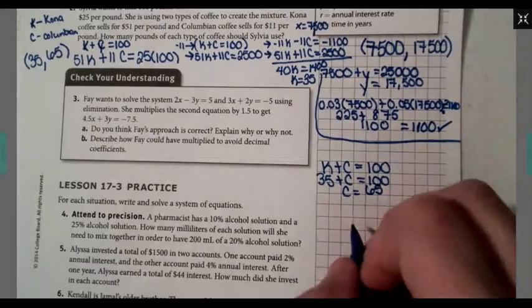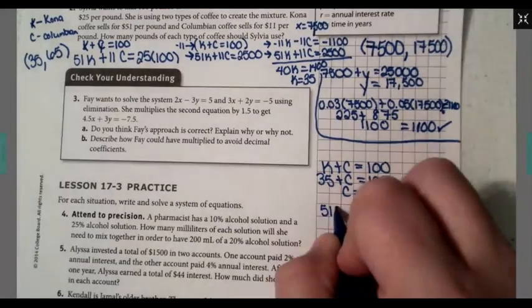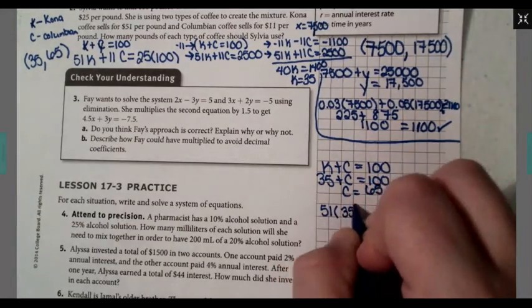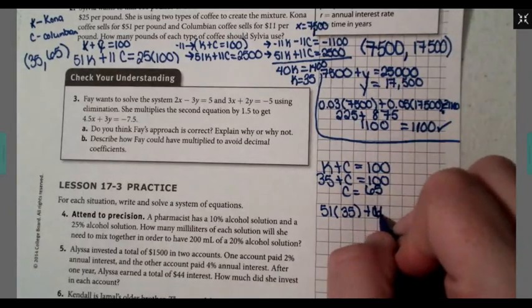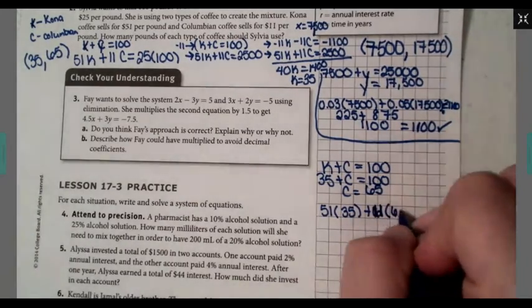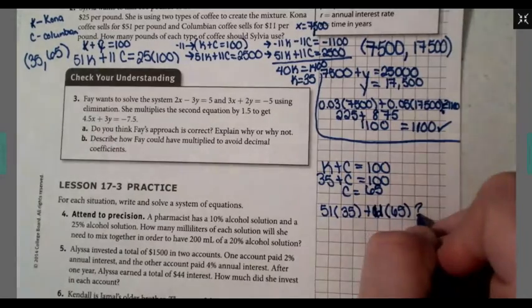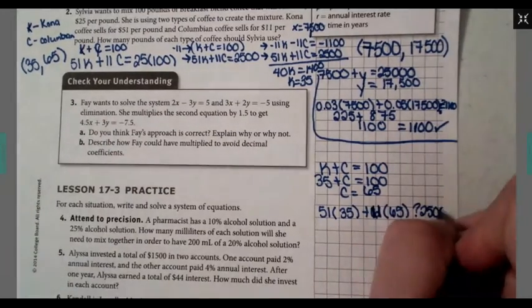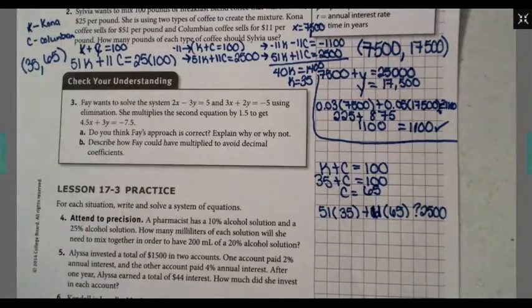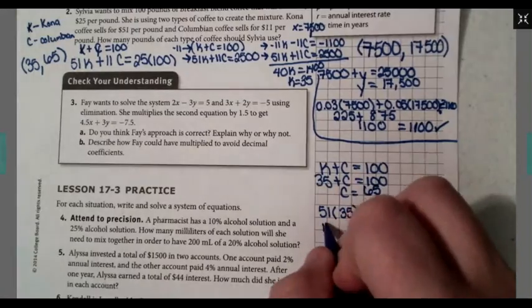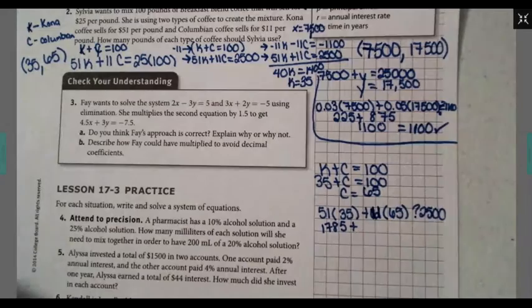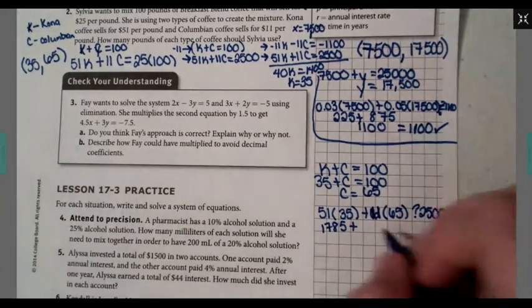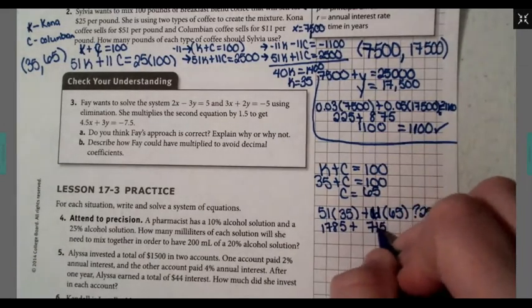I always want to double check to make sure it works in our second equation. So we're going to do 51 times 35 plus 11 times 65. And we're questioning whether this equals 2,500. Well, 51 times 35 is 1,785. 11 times 65 is 715.